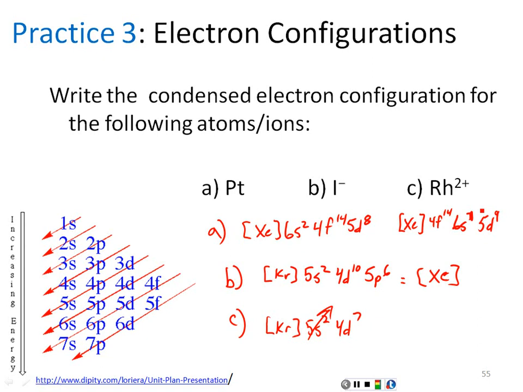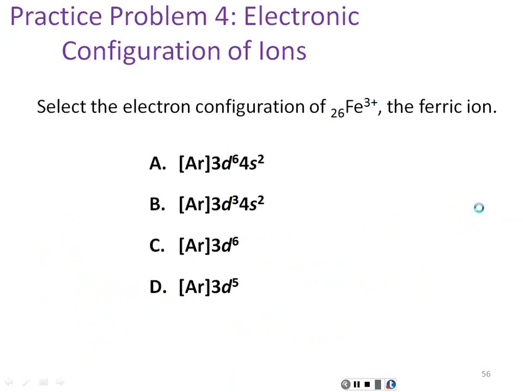When you look at the first 3-4 rows of the periodic table, it's very simple, you just keep adding electrons, just like counting. But as you get lower, it really becomes much more complicated. Okay. Fourth practice problem. Select the electron configuration of iron 3+, also known as the ferric ion.